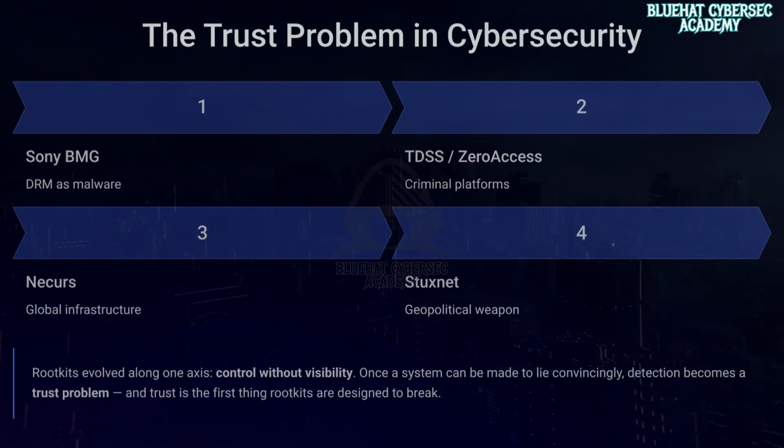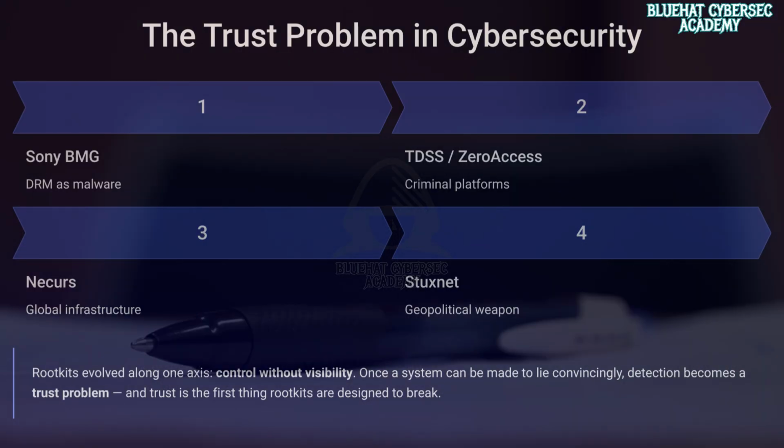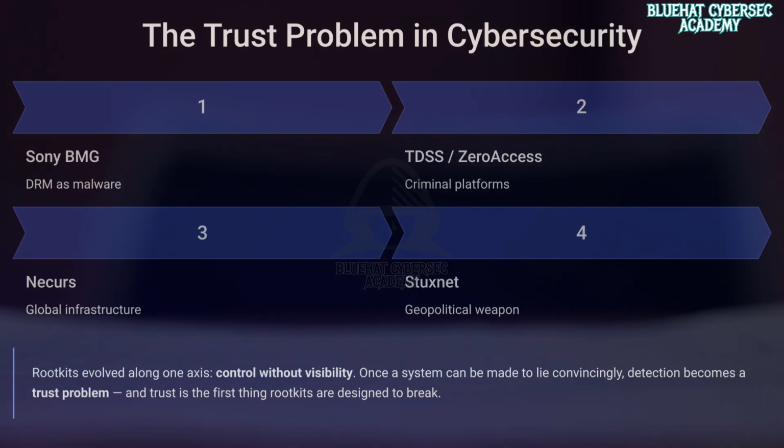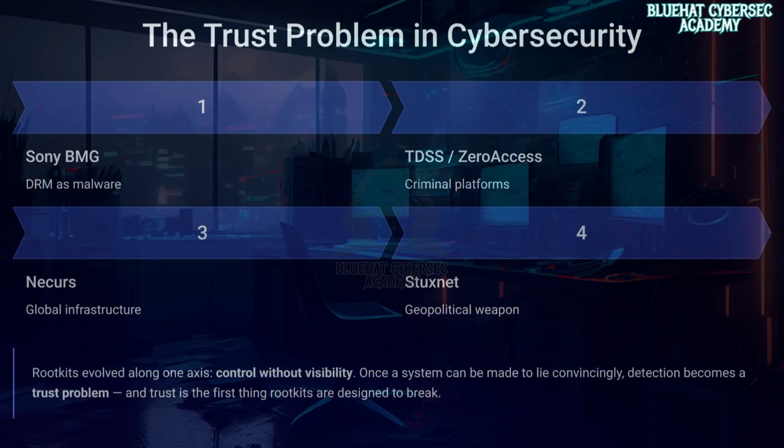The more advanced they became, the less they relied on obvious malware behavior, and the more they focused on altering system perception itself. And that's the real danger, because once a system can be made to lie convincingly, detection stops being just a technical challenge. It becomes a trust problem.